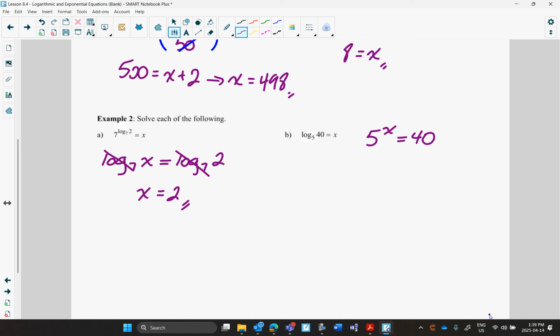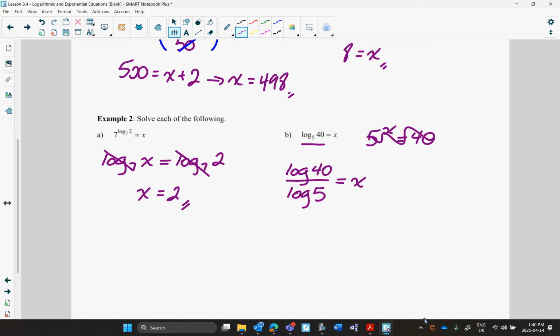So that really doesn't help me. Didn't we learn actually how to calculate these things on our calculator? How would I find it? Log 40 divided by log 5.